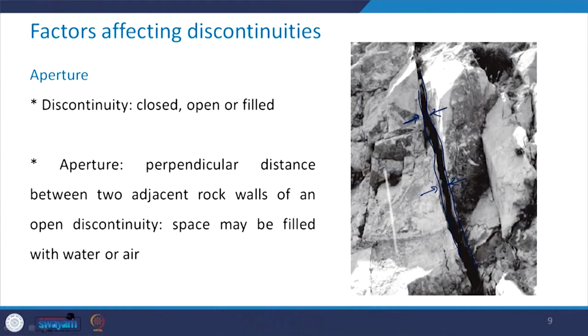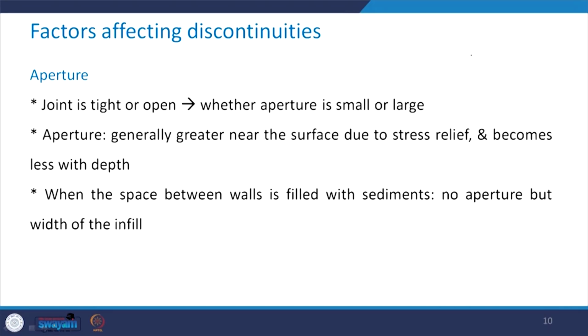So, what is the aperture here in this case? Just take the tape and measure this distance. This is what is going to be your aperture. So, if the joint is tight or open, that will decide whether the aperture is small or large.